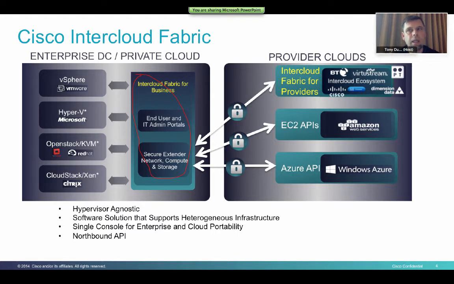So currently it's a subset of capabilities that primarily focus on virtual machine lifecycle management in terms of powering on a virtual machine instance, or powering it off, or migrating it to a cloud provider, or migrating it back to the private cloud from a public cloud provider, as well as instantiating instances based off of images that have been pre-uploaded into the system. We can accomplish those functions by leveraging a northbound API.